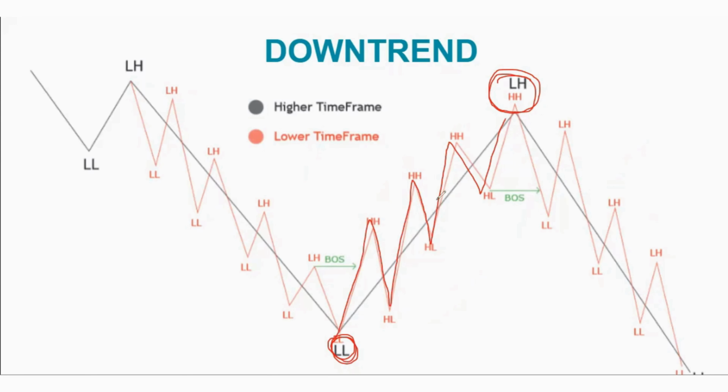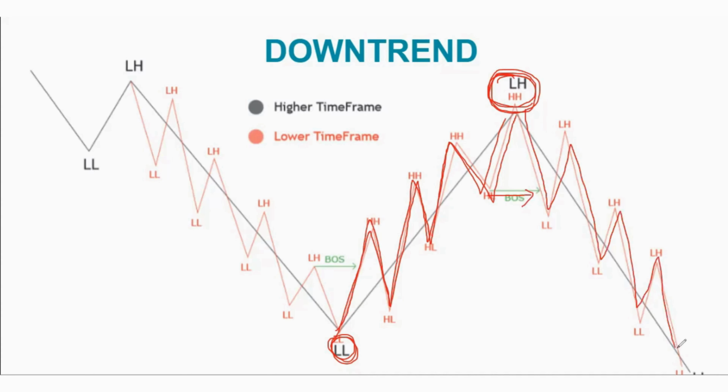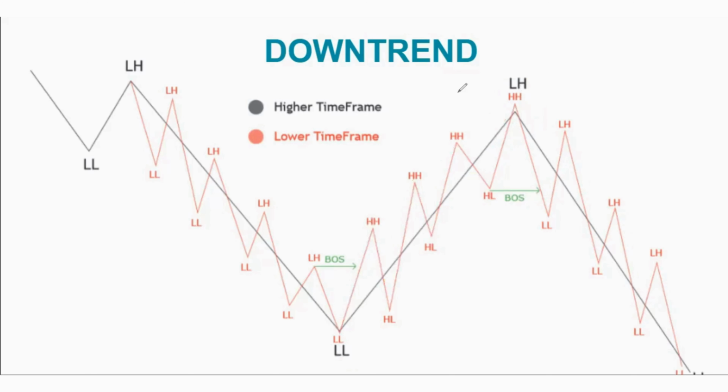To create a lower high, it has to go up. So that's why the lower time frame, let's take a 5-minute chart, will be uptrending to create a lower high in the 1 hour chart. Once the lower high is created, you see the structure is broken and the 5 minutes started downtrending again to create a lower low in the 1 hour. So this is why you see different trends on different time frames.